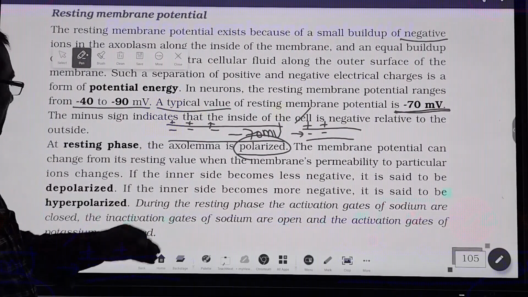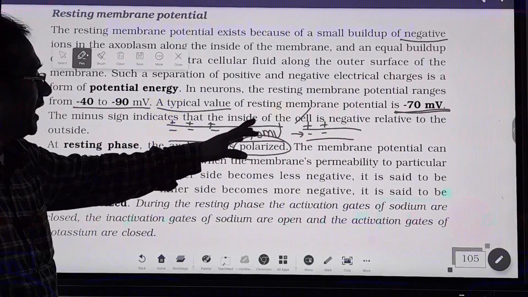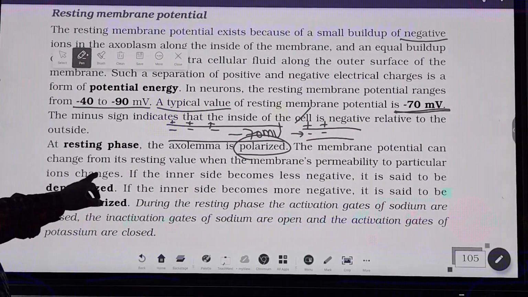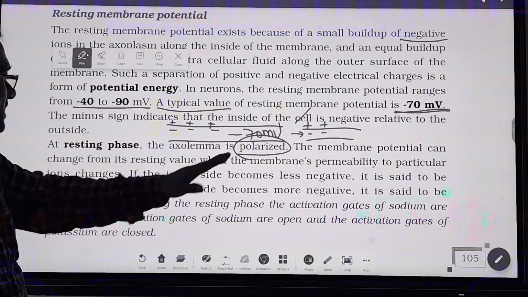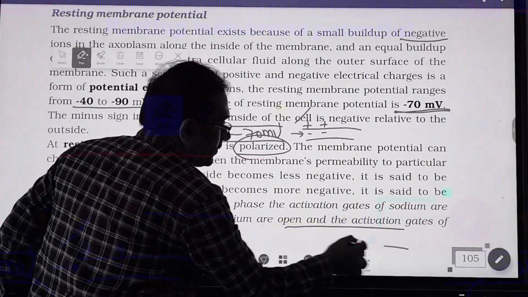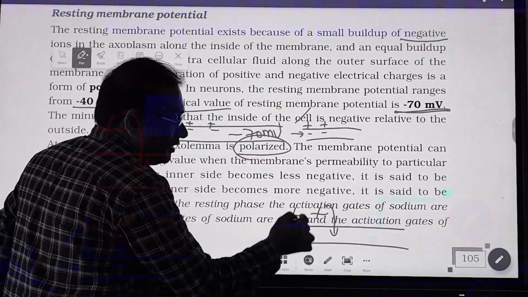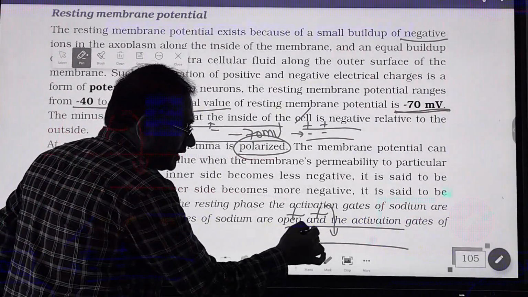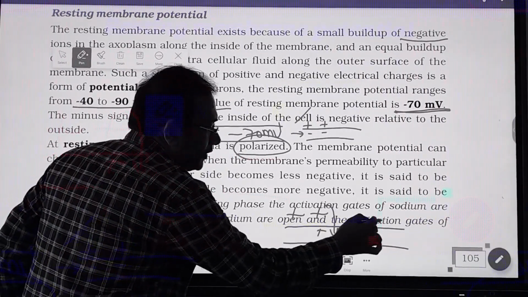The membrane potential can change from its resting value when the membrane permeability to particular ions changes. If the inner side becomes less negative, it is said to be depolarized. Means whenever the outside positive ions enter into the axoplasm, inside positivity is created and outside negativity is created.